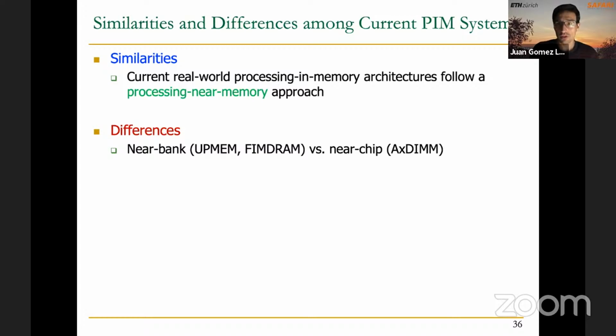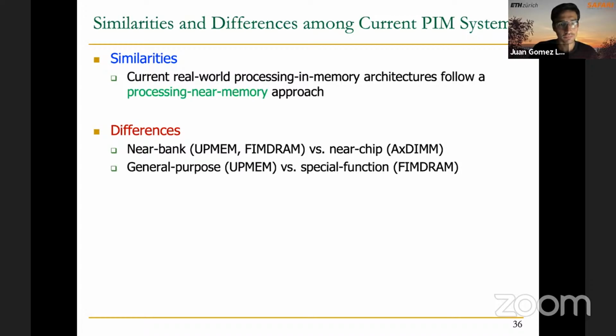And then there are differences. So for example, some of them are near bank and others are near chip. Near bank are UPMEM and FIMDRAM. Near chip is the AXDIMM system that we have presented today. Then also some of them are general purpose and others are special function, right? In the case of UPMEM, we talk about general purpose processors, small, wimpy processors, but still with a rich instruction set and general purpose, capable of executing essentially any type of workload.